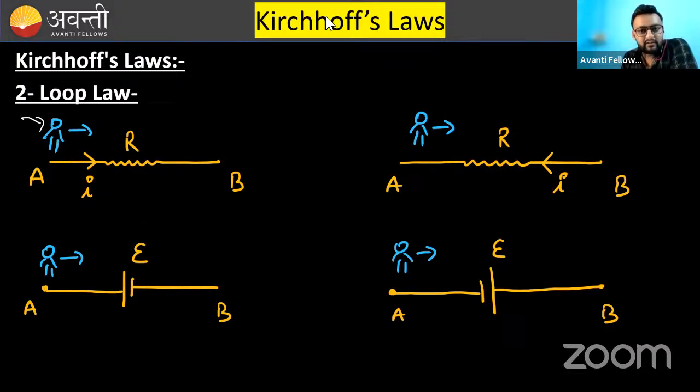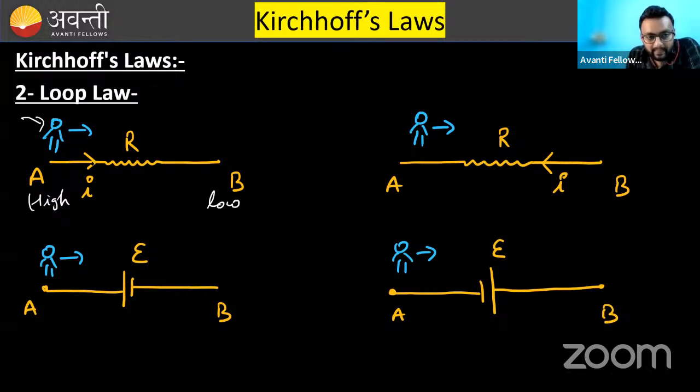Anyone who has taken the class yesterday? Okay, high to low. Very good. That means point A is at high potential. B is at low potential. Is it clear now? Because current is moving from A to B, that means A is at high. Sushant, high to low. Very good.